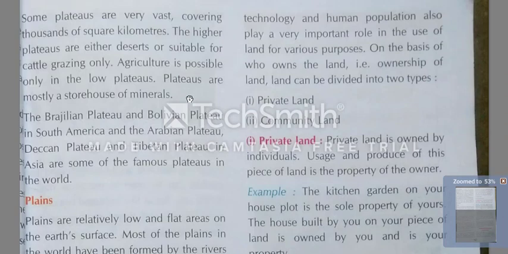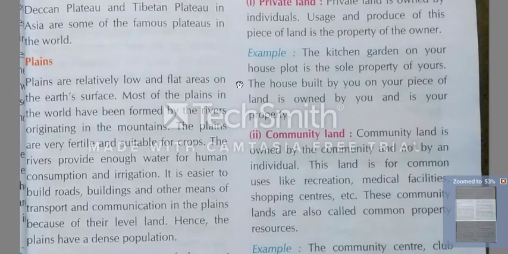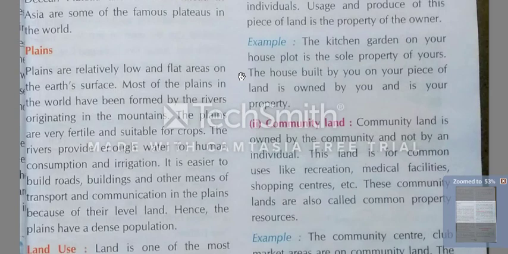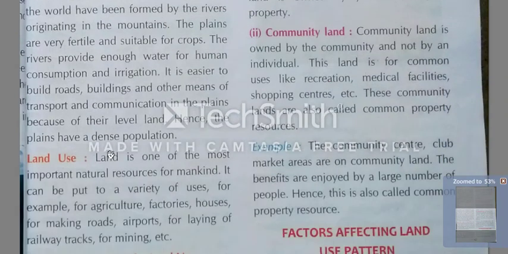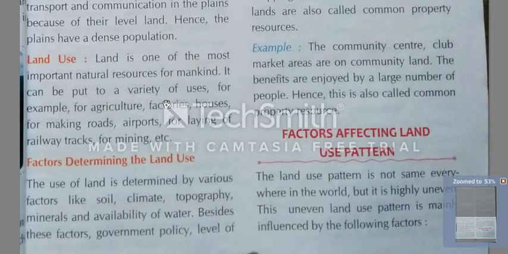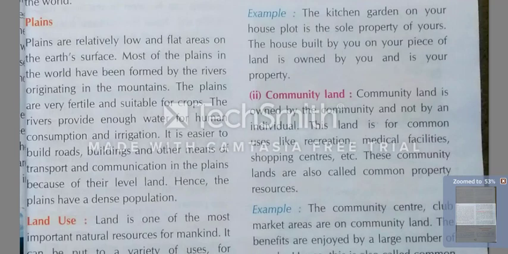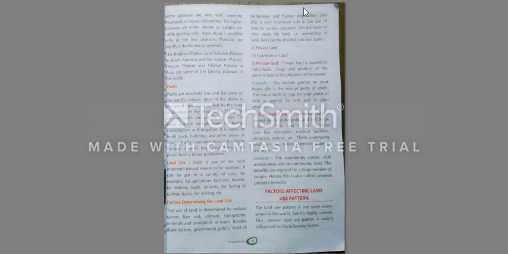First, in how many types is land divided on the basis of ownership? Clear? Another: what is the use of land? Factors which determine the land use.